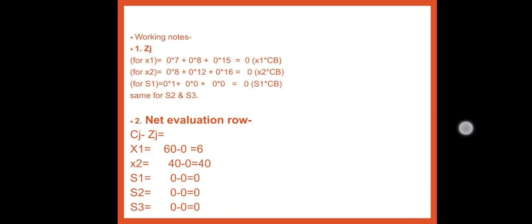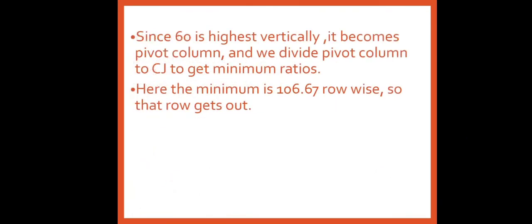I already explained these things. Since 60 is the highest value vertically, it becomes the pivot column, and we divide the solution column by it to get the minimum ratio. Here the minimum ratio is 106.67 row-wise, so that row gets out.